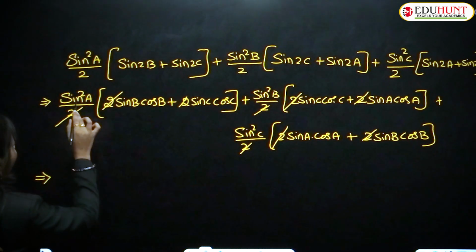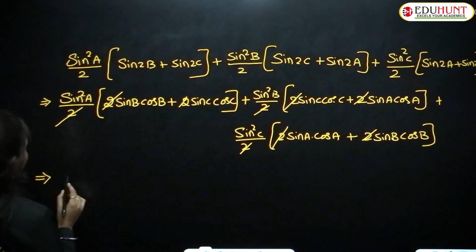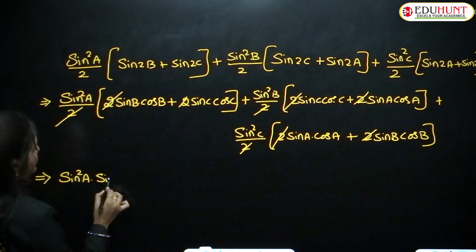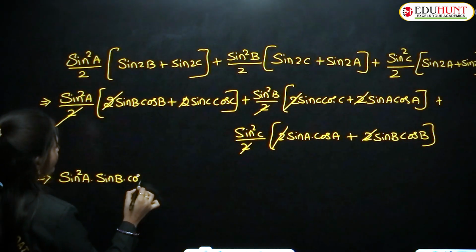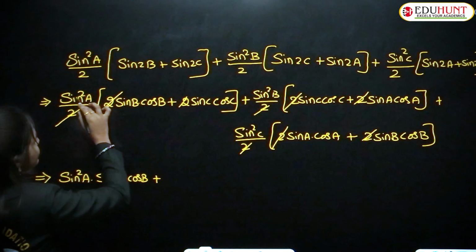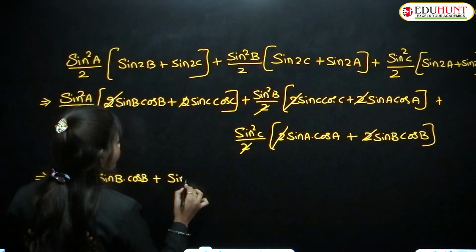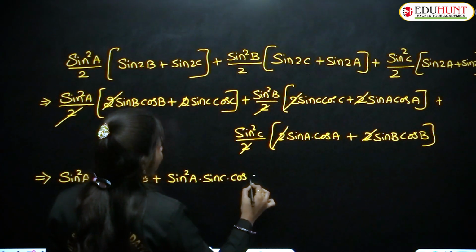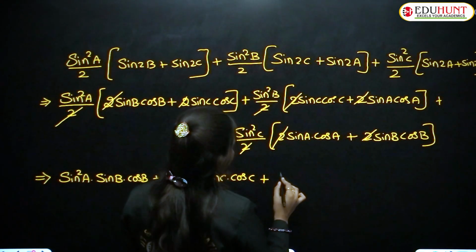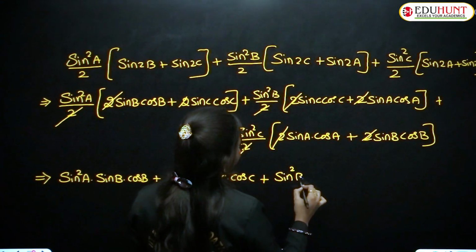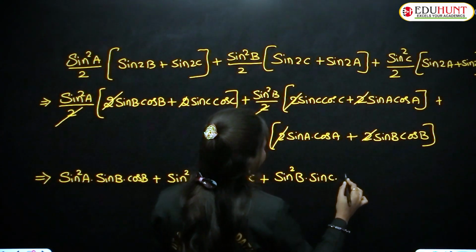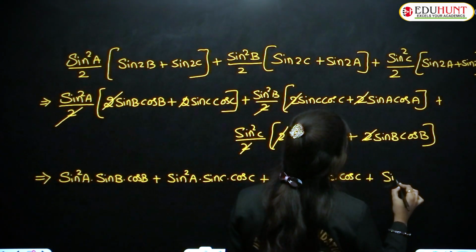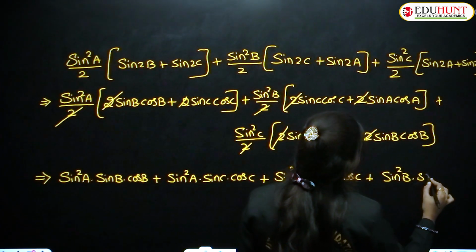So just take the products. Sin square a into sin b cos b, so that is sin square a into sin b cos b plus sin square a into sin c cos c, plus this one multiplication sin square b into sin c cos c plus sin square b into sin a cos a.